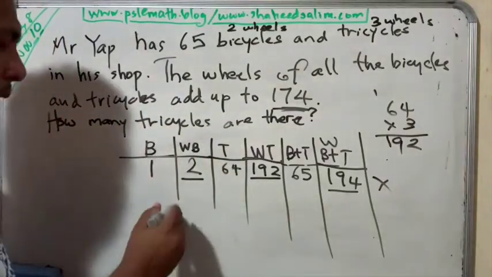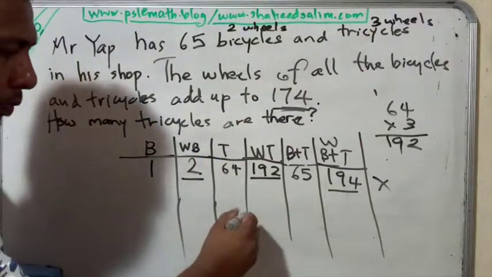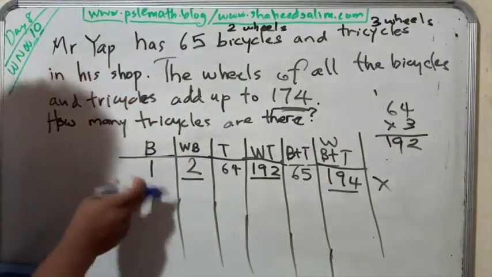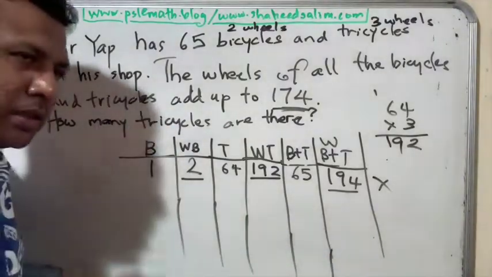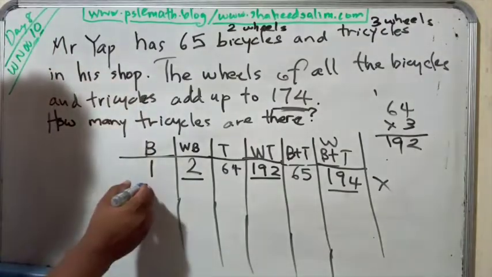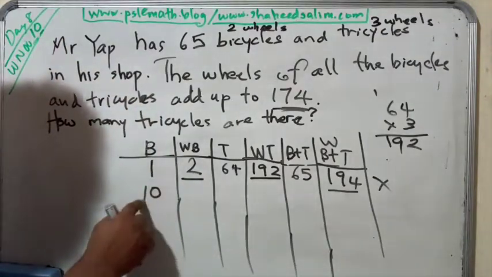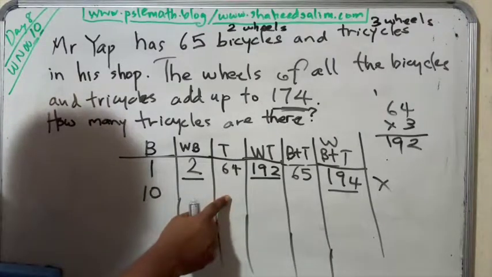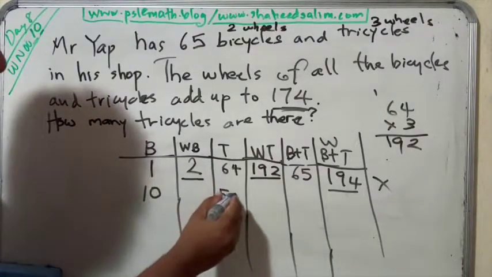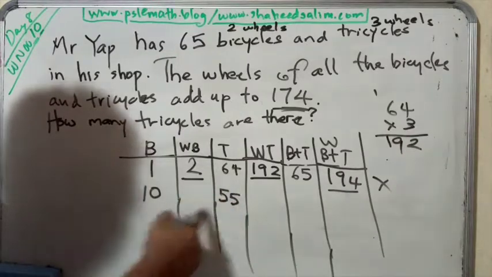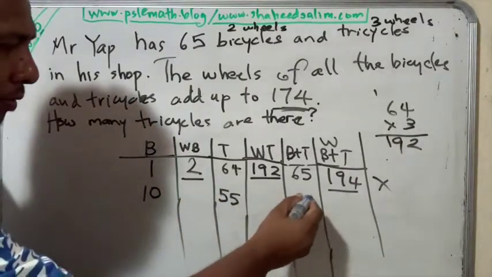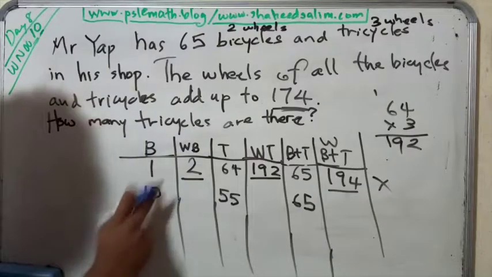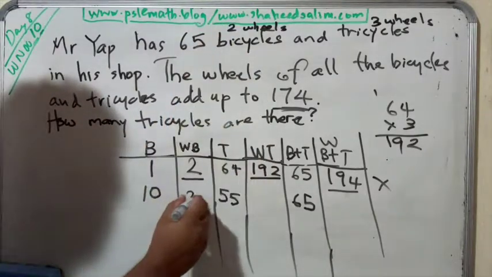Now we try the next one. You don't need to go to the next number 2 because then you got to list quite a number of numbers. Let's try 10. If you have 10 bicycles, you would need to have 55 tricycles. 10 plus 55 equals 65. 10 bicycles would have 10 times 2, 20 wheels.